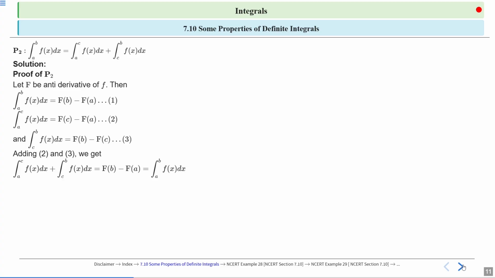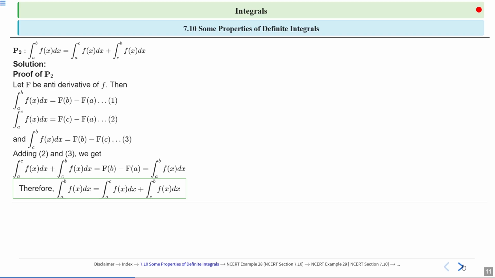And from equation 1, that is the value of the definite integral from a to b of f(x) dx. Therefore, we can split our definite integral by using this property P2.